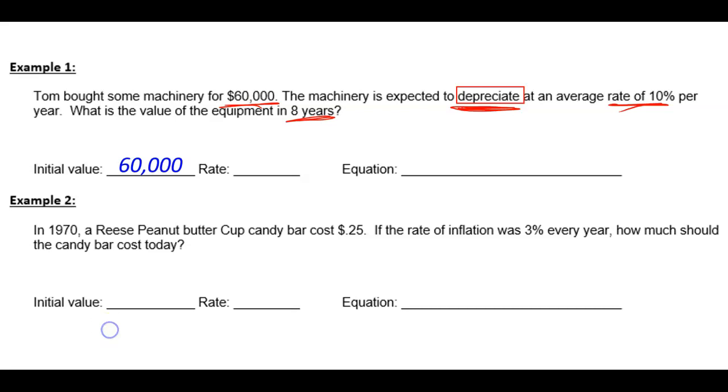Now, this is something you should have done in middle school. Does everyone know how to turn a percentage into a decimal? What's the rule? Move the decimal to the left when you're getting rid of the percentage.